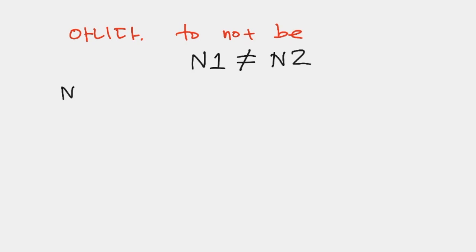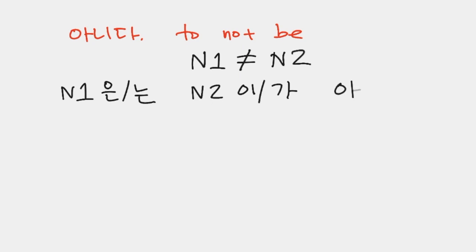So N1, 는, N2, and then this one you need to pay attention. 이/가 아니에요.